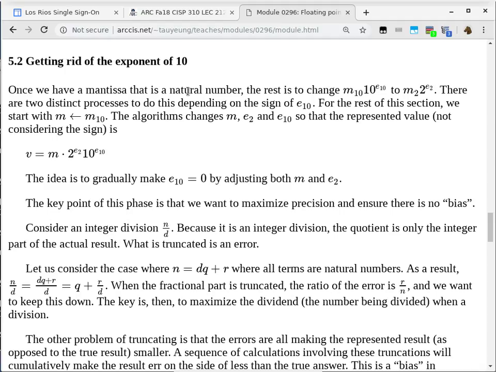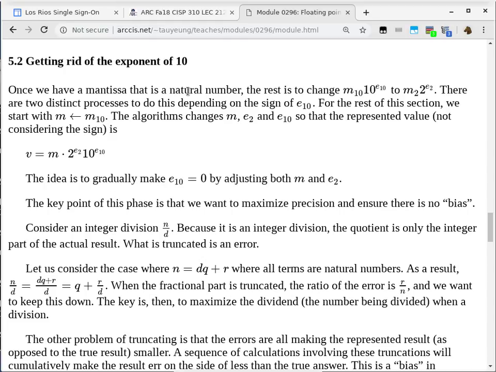So what we want to do is to eventually make E10 0 and then E2 some actual value that works out. During that process, we have the freedom to change M any way we want as long as it remains an integer. Is that okay? Let me explain one more time what we're trying to do. We are trying to make E10 go to 0.